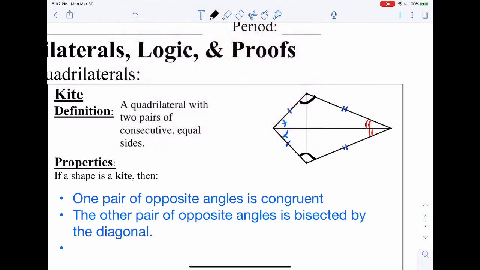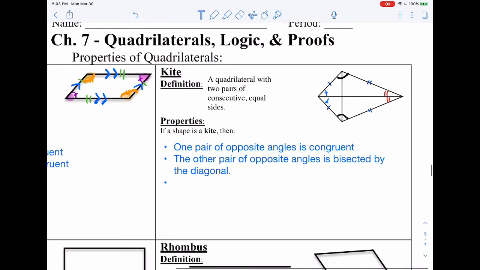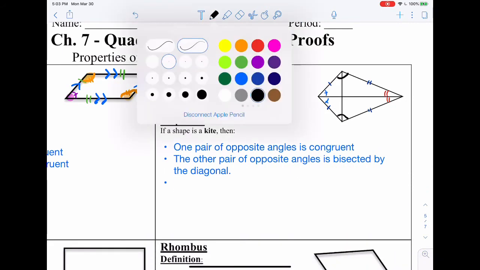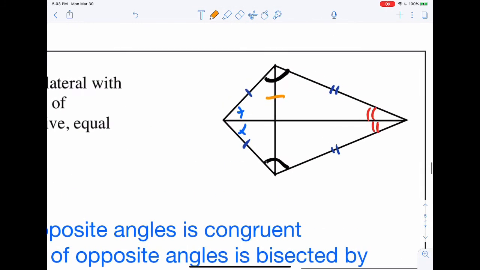Now, let's go ahead and draw the other diagonal and add our most recent conjectures that we just proved to be true. So the first one was this right here. Let's mark it on the shape and then we'll discuss how we can write that. So we identified that this segment is congruent to this segment.